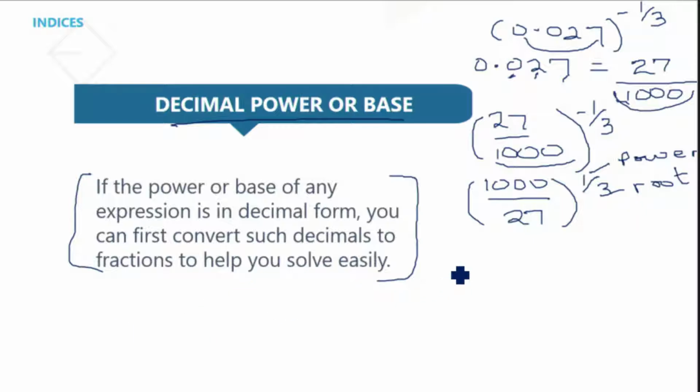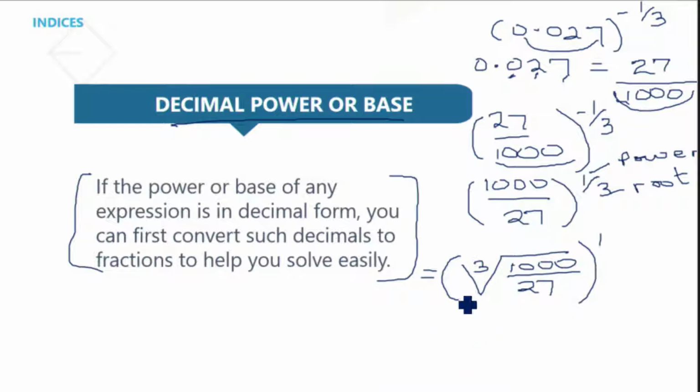So we have that this up here is equal to third root of 1000 over 27, all raised to the power what? All raised to the power 1. And of course, you know that anything raised to the power 1 is still that thing, okay? So this power 1 is very negligible. We're not going to make use of it.